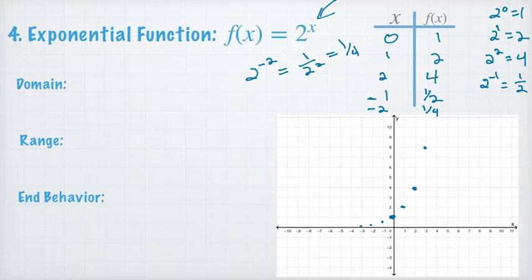So in this function we get this leveling off effect. And the reason that it levels off is that no matter how big of an exponent, let's say I'm letting x be -100, 2 to the -100 is going to equal 1 over 2 to the 100th power, which is a teeny, teeny, tiny number. That's insignificant, but it's still greater than 0.